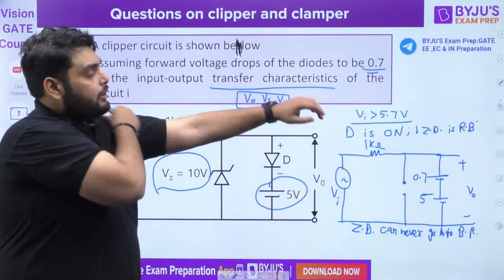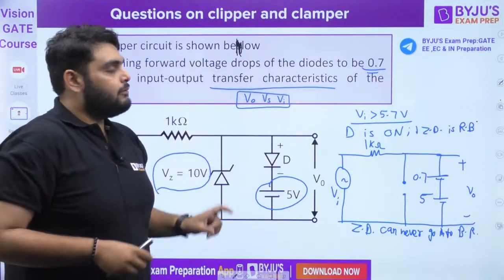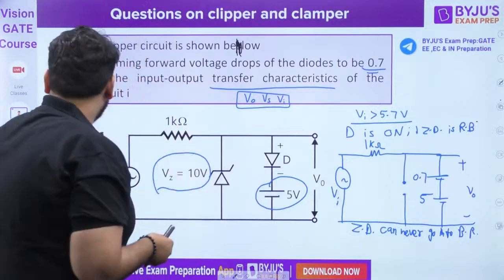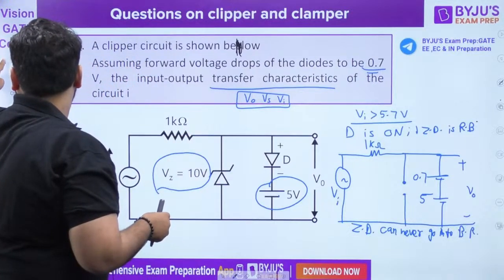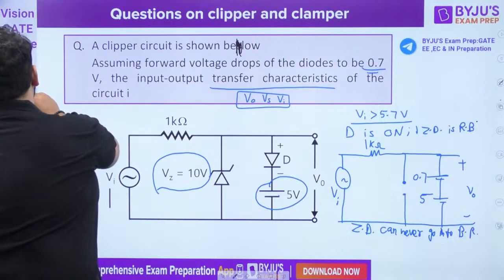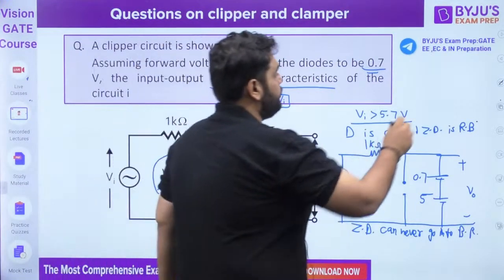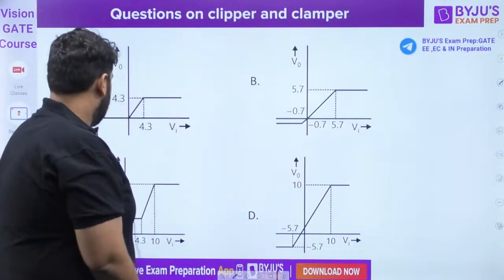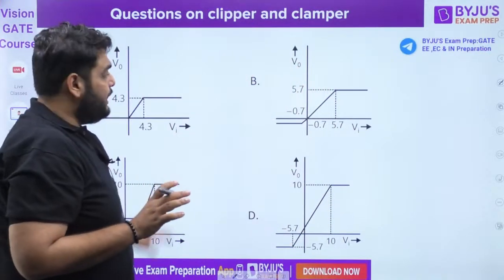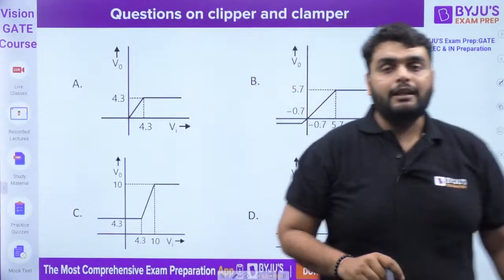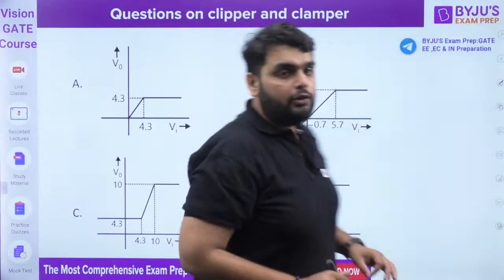Understand this point? So it means the output voltage will be 5.7 when the input is more than 5.7. So if you got this concept now, you can directly see what the answer is.